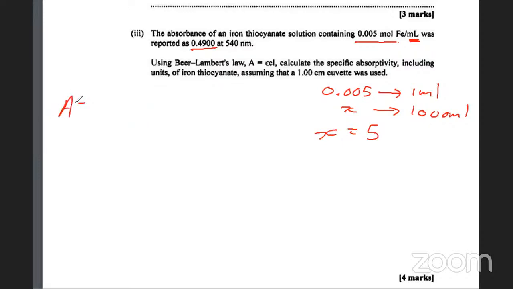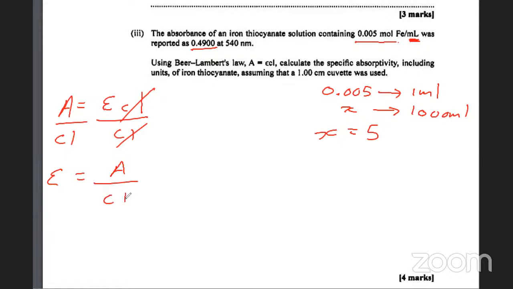So A is equal to ECL. We're trying to find E, so we divide both sides by CL. E is equal to A over CL. Absorbance is 0.49, the concentration is 5, and the path length was 1.